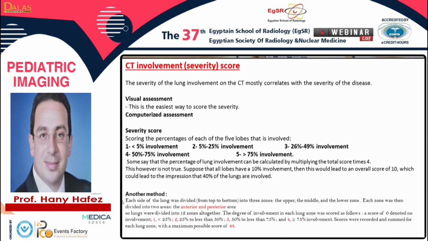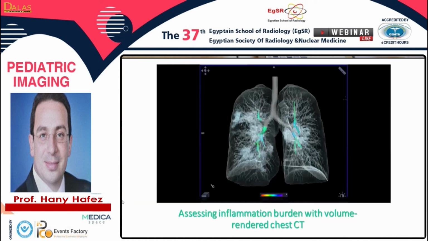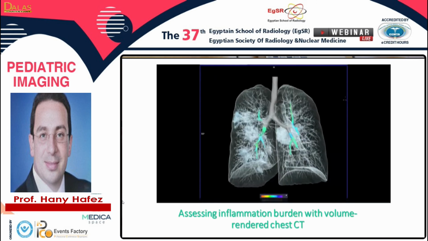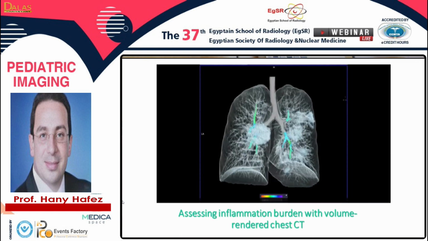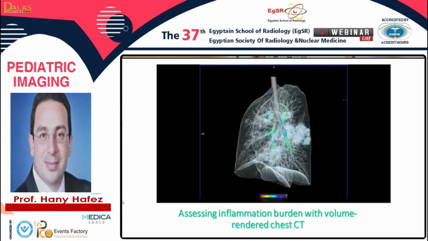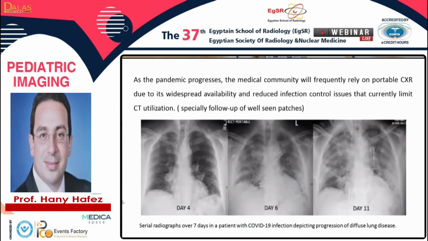There is much literature about assessment of severity or involvement score, distributing the lung into 12 segments or 20 segments. That's the distribution of lung affection in COVID. X-ray is better in follow-up than CT scanning due to less radiation.